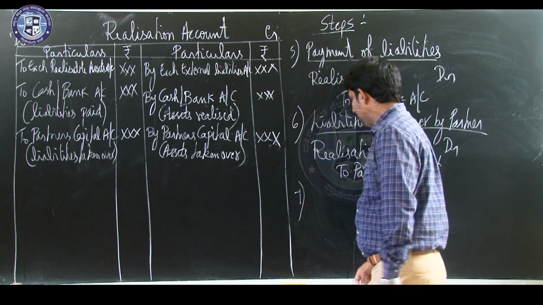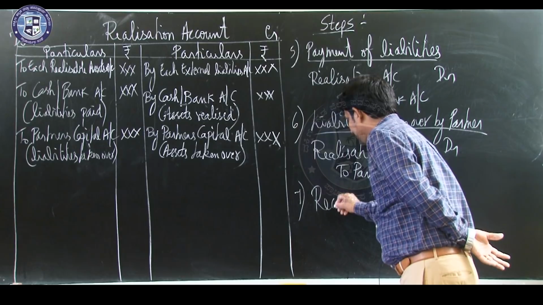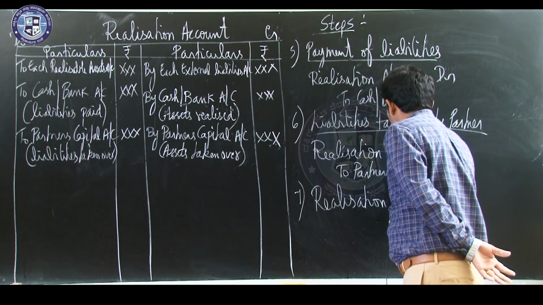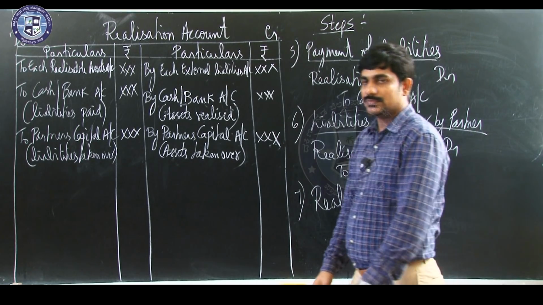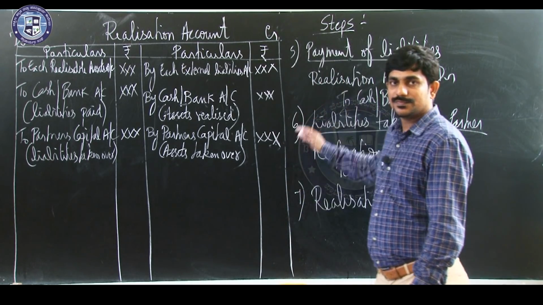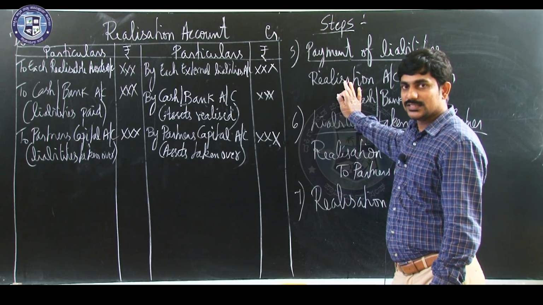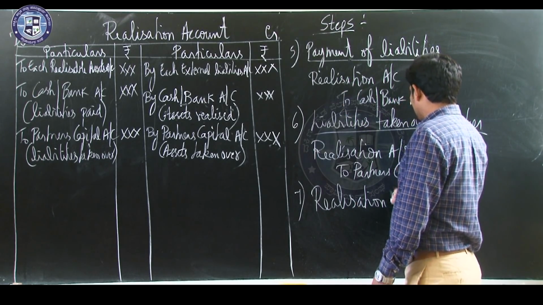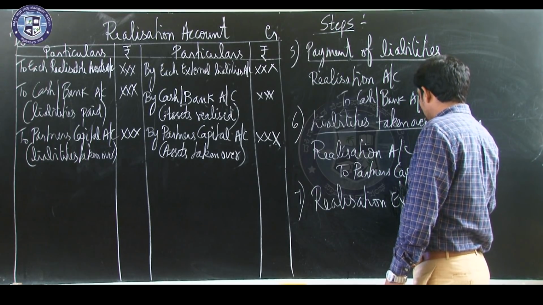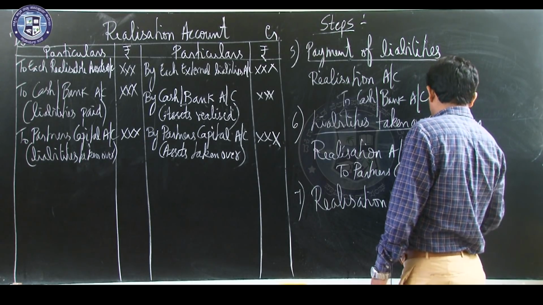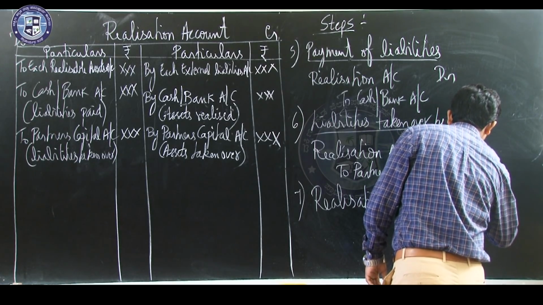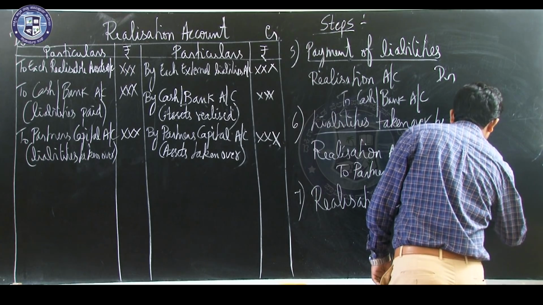Next, the last step for the dissolution of a partnership firm. For selling the assets as well as payment of liabilities, they need to incur certain expenses called realization expenses, or dissolution expenses.